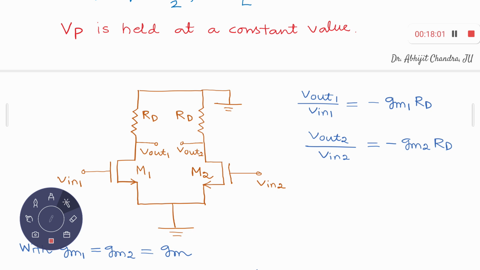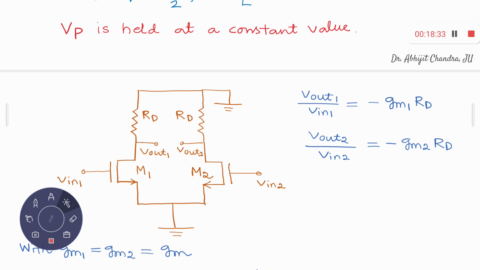With this half circuit concept, I can analyze this part first, and then I can analyze the other part. If you observe this part, it's basically a single stage common source amplifier. So what is Vout1 upon V1? Simply minus gm1 times RD, or if you have two different gms, then minus gm1 RD, or let it be simply minus gm RD.